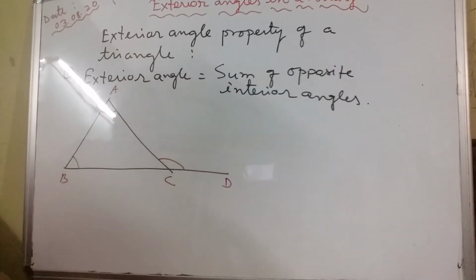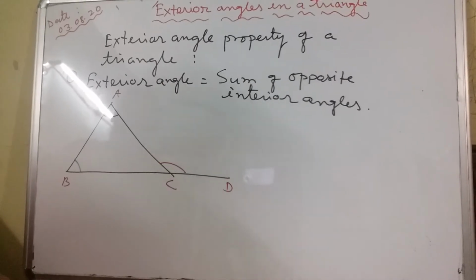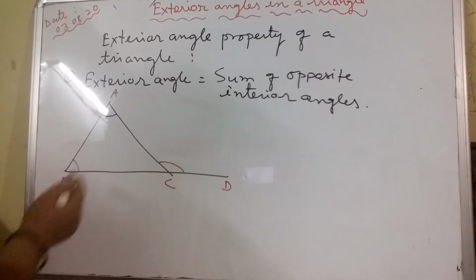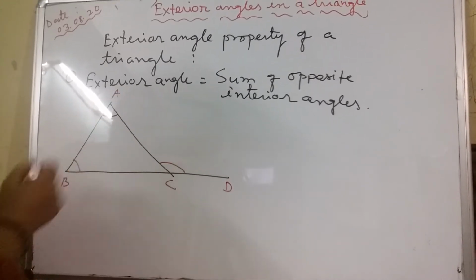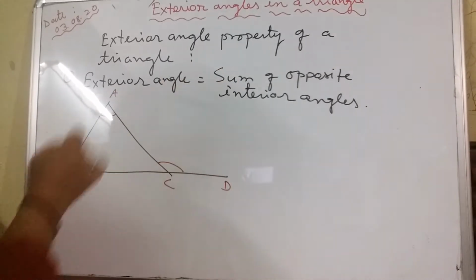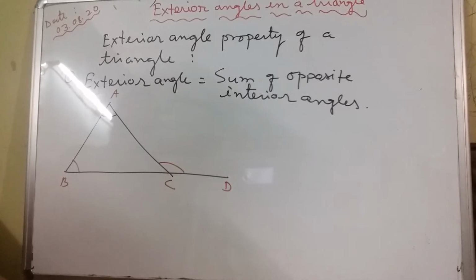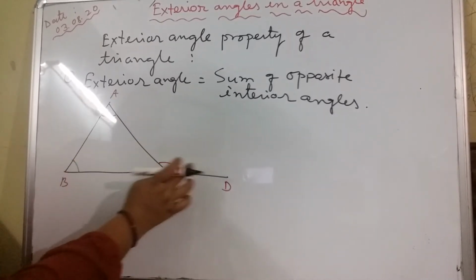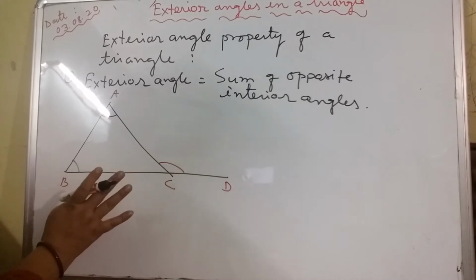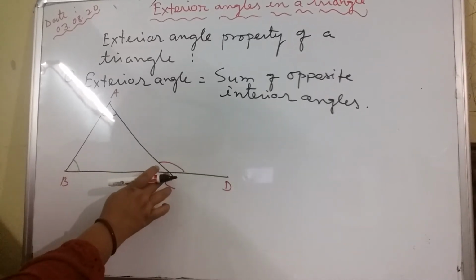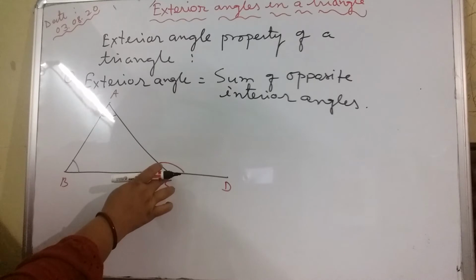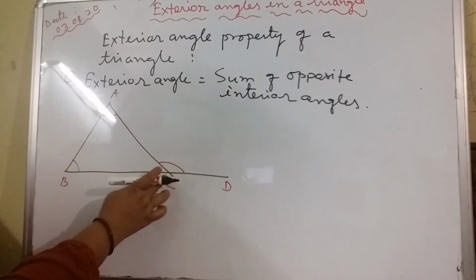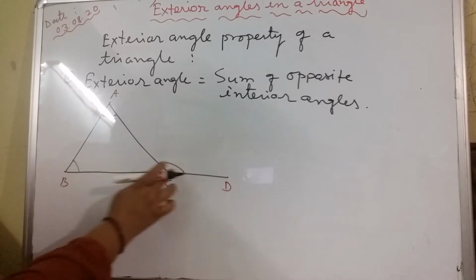The property of exterior angle is known as exterior angle property of a triangle. It says that exterior angle is equal to the sum of opposite interior angles. Okay, so say this angle ACD is an exterior angle because it includes one of its vertex and this side AC and this extended side of BC.